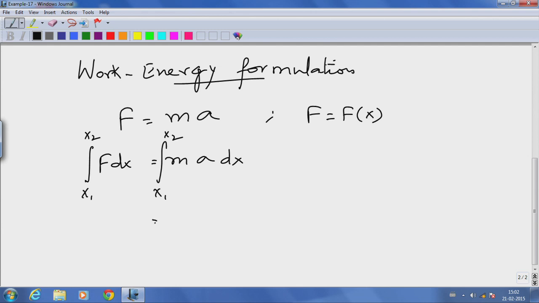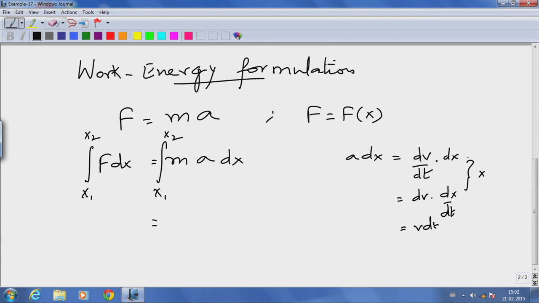Now, let us look at the right hand side first. Acceleration times dx can be written as dv/dt times dx, which is nothing but the rate of change of velocity integrated over some infinitesimal distance dx. Now, this is not exactly correct, but it is a convenient way to understand the basic transformation.